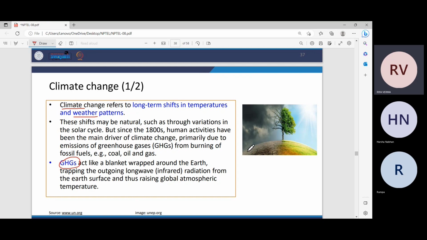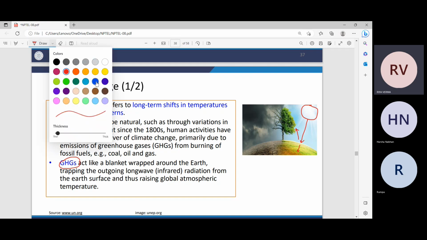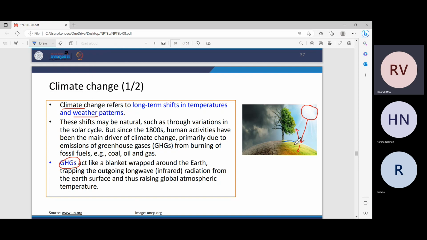Basically, what happens is, this is our sun, and some amount of heat is coming from it. Some gets trapped inside, some gets absorbed, and some gets reflected back. What these greenhouse gases do is form a blanket around the earth, not on the surface, but at some higher points.